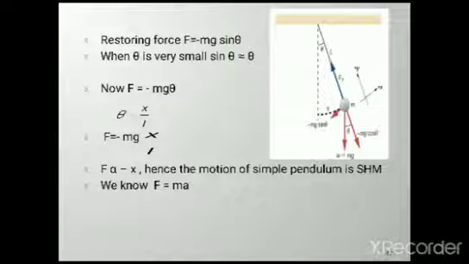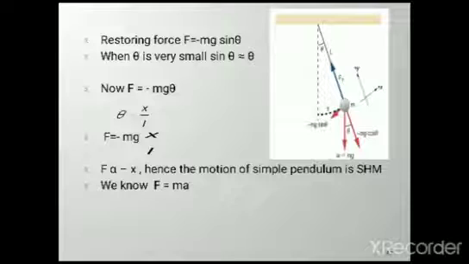In this equation, m, the mass of the object, is constant, g, the gravitational acceleration, is also constant, and L, the length of the string, will remain constant throughout the experiment. So m, g, L are constant, so we can say that force is directly proportional to minus x.